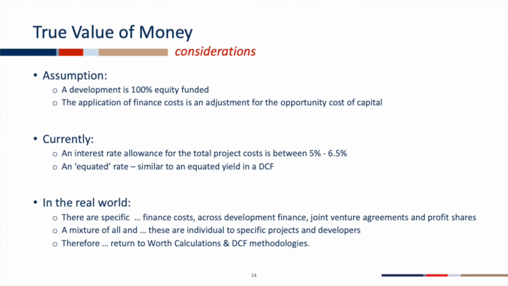They are very individual and specific to particular projects and particular operators, whether they be developers, property funds, or propcos. But if we are applying very specific elements within financing in a project, we are going back into providing a worth calculation and effectively doing an option or viability analysis.